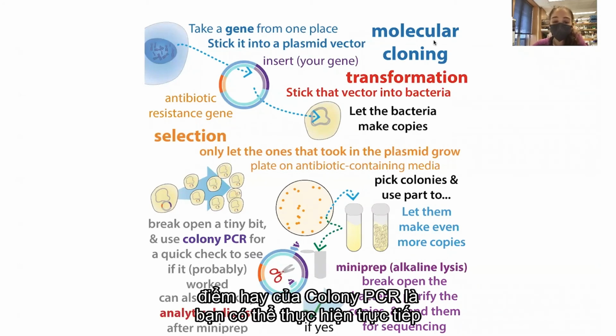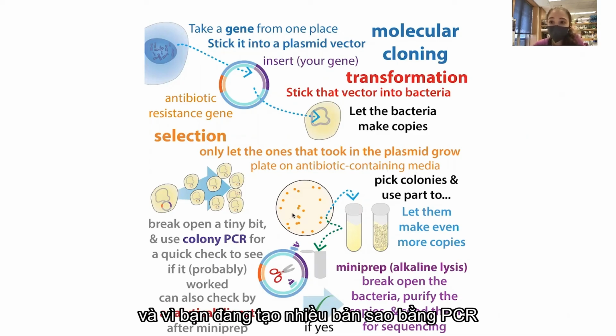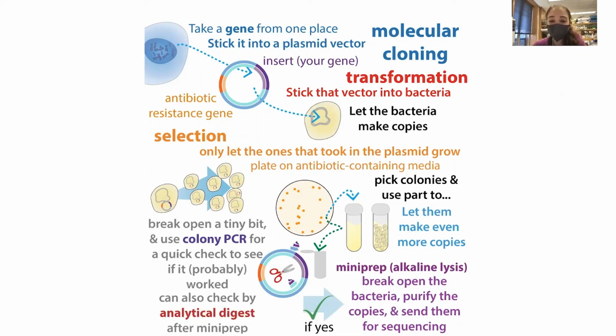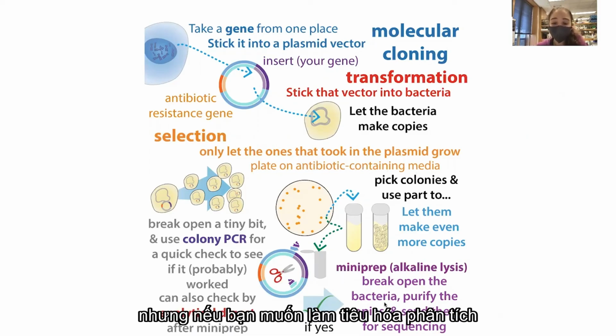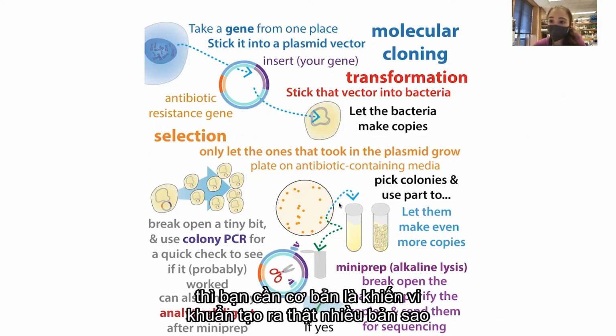A nice thing about colony PCR is that you can do it directly from your colony without having to purify or amplify anything. You just break open the cells, and since you're making a lot of copies with PCR, you don't need that much DNA. But if you want to do an analytical digest, or send it for sequencing, you need the bacteria to make lots and lots of copies.